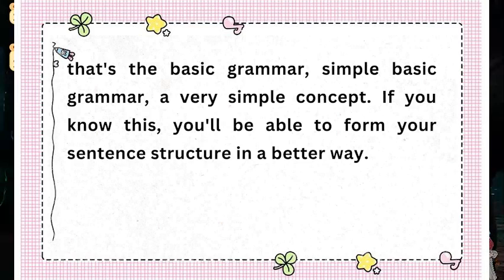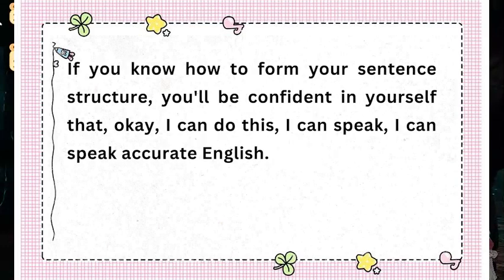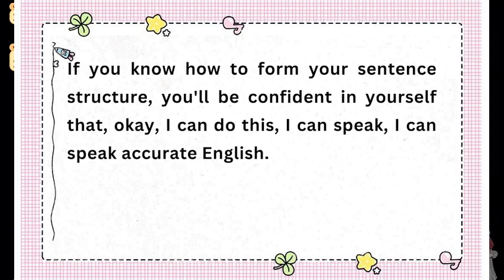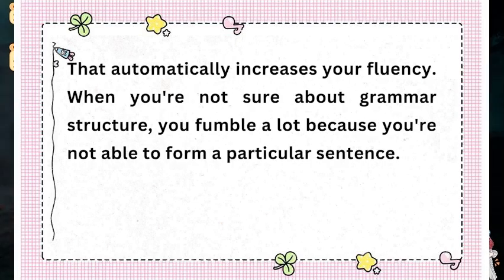If you know this, you'll be able to form your sentence structure in a better way. If you know how to form your sentence structure, you'll be confident in yourself that, okay, I can do this, I can speak accurate English. That automatically increases your fluency.